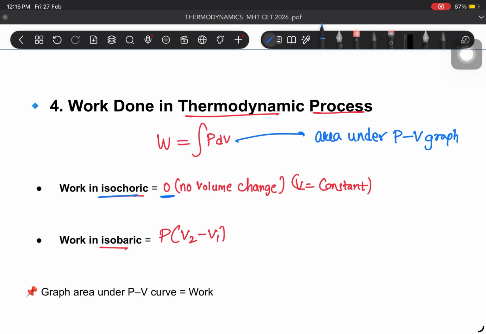If pressure is constant, the isobaric process work equals P(V2 minus V1).